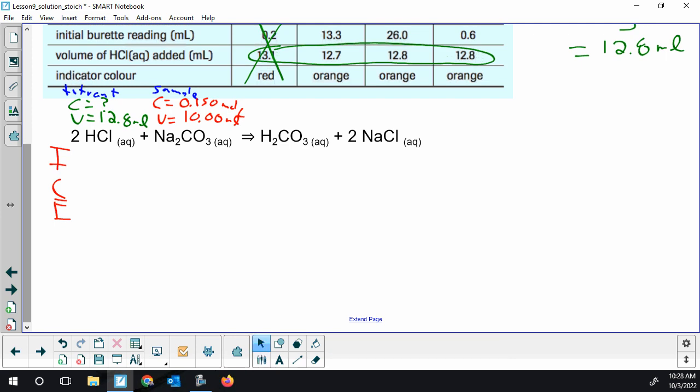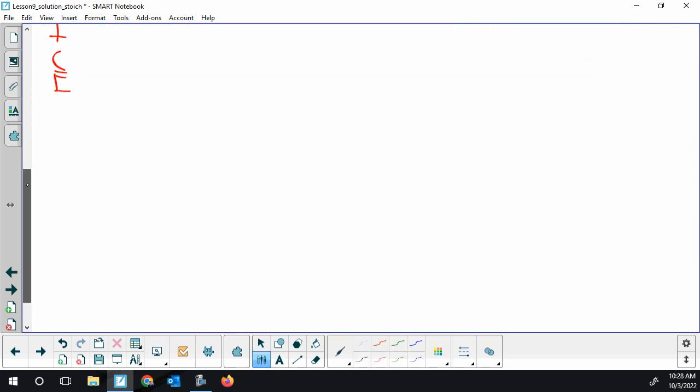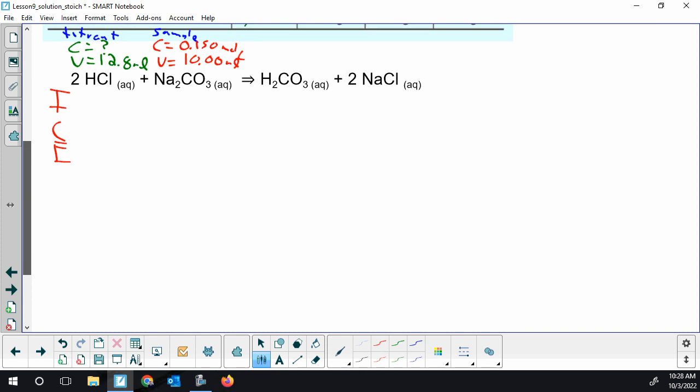So I have everything I need down below summarized. I don't really need to scroll up again. I'm going to start with moles of sodium carbonate.